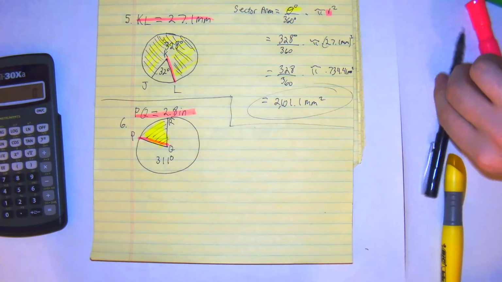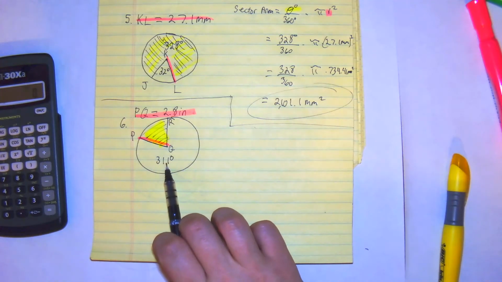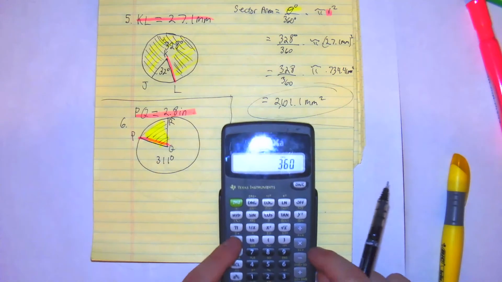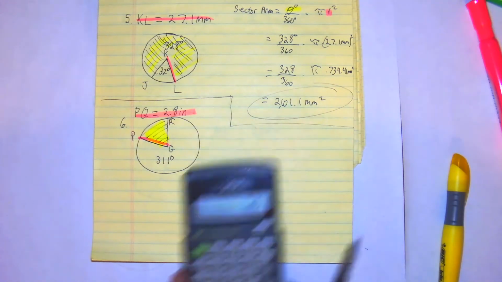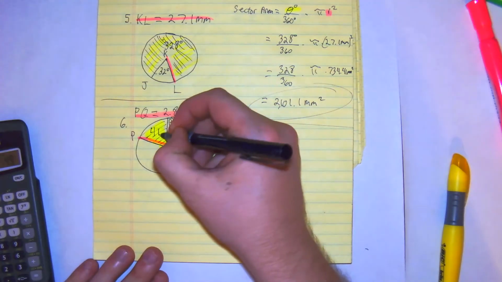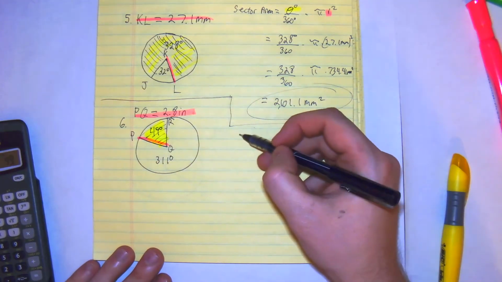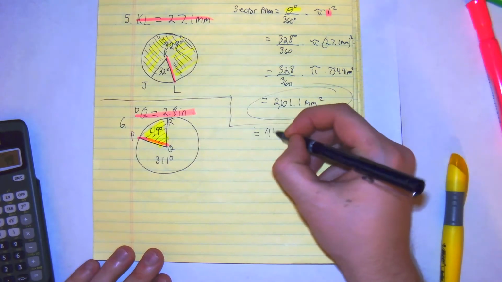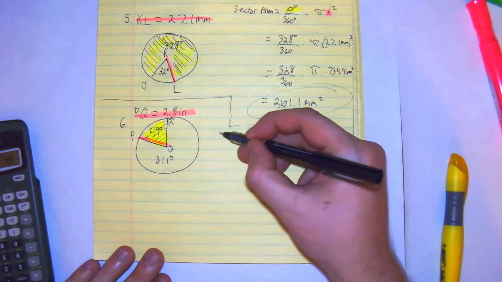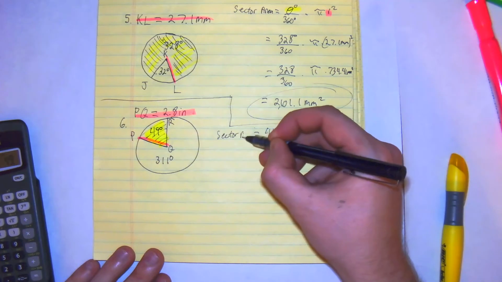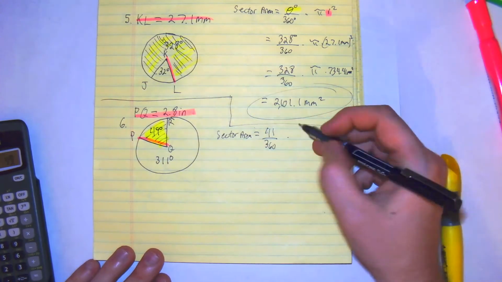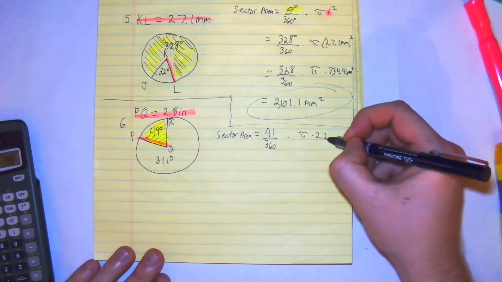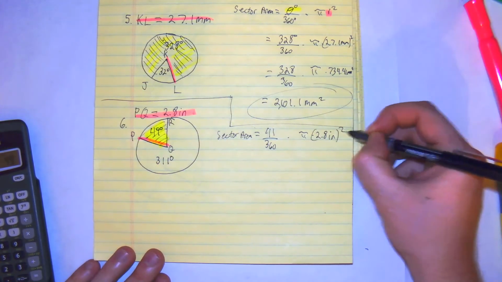Alright, so what we have right here, they give us the larger section this time. So all we have to do again is 360 minus 311. You get 49 degrees. So we get our sector area is equal to 49 divided by 360 times pi times 2.8 inches, and then we square it.